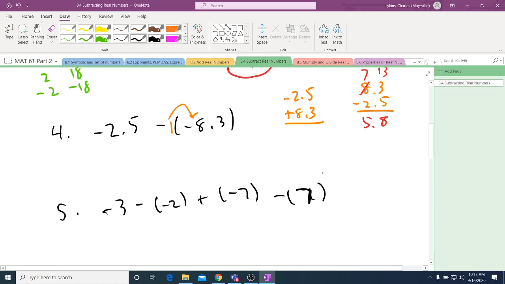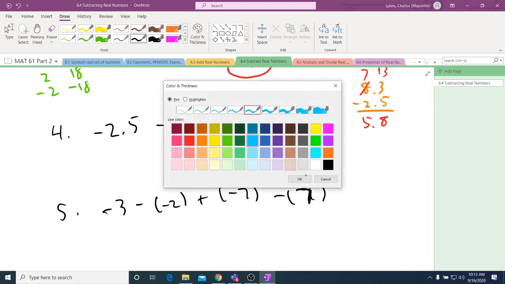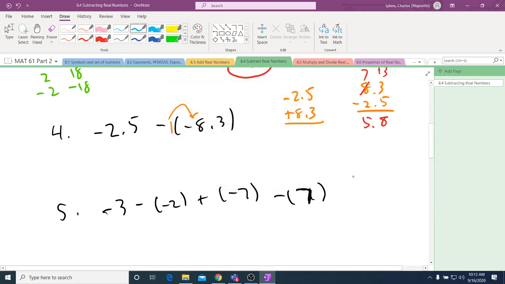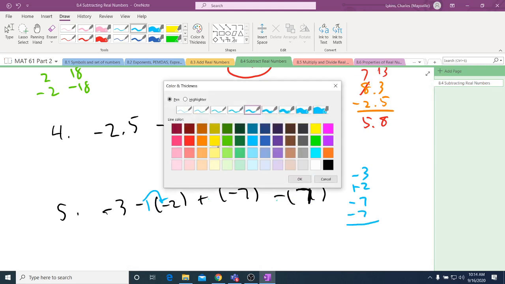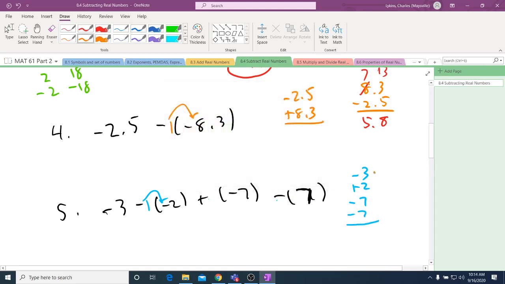So in this problem, I've got a negative 3 minus a negative 2 plus a negative 7 minus a negative 7. So let's take a look and see what happens. I'm going to stack these up. I've got a negative 3. These right here make that a positive 2. Then I've got a negative 7 and that plus a negative 7. And then subtract 7, which also makes that a negative 7. So I'm going to say, okay, negative 3 plus 2.